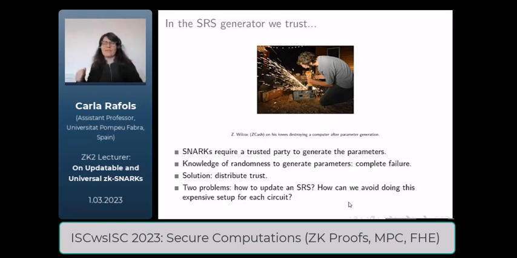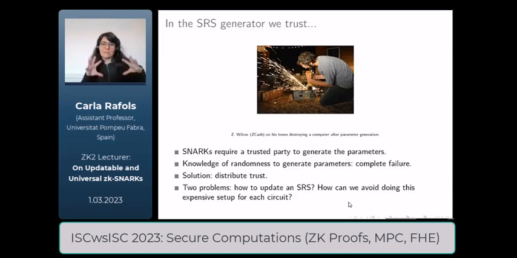You might still be suspicious afterwards, because you might ask, okay, but who was in the ceremony? I was not there, so who are these people? Are they colluding or not?